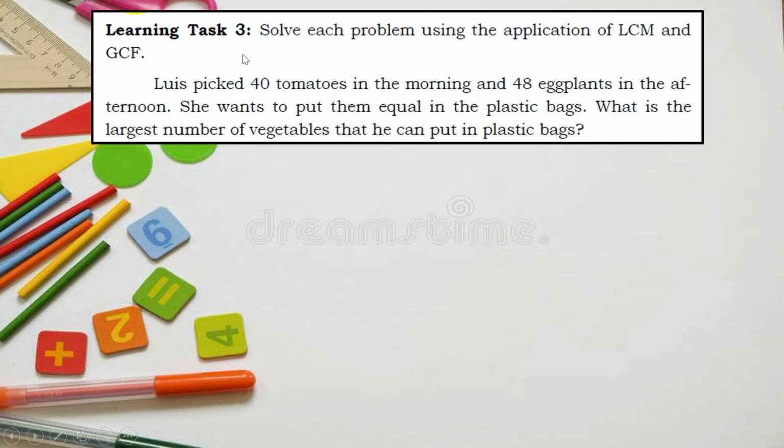Next, learning task 3. Solve each problem using the application of LCM and GCF. Tingnan natin. Louise picked 40 tomatoes in the morning and 48 eggplant in the afternoon. She wants to put them equal in the plastic bags. What is the largest number of a vegetable that he can put in a plastic bag?